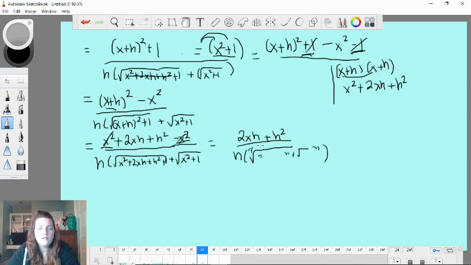Okay, so I'm going to ignore this big term here, because this top we can divide by h without having to worry about all those square roots on the bottom. So 2xh divided by h is going to leave you with 2x, because the h is canceled.